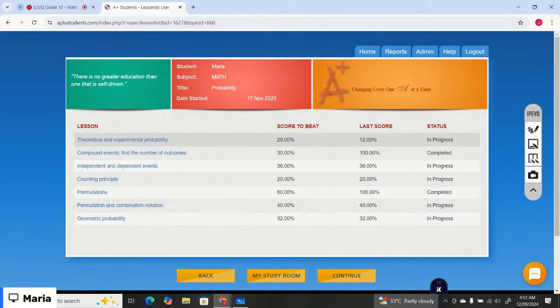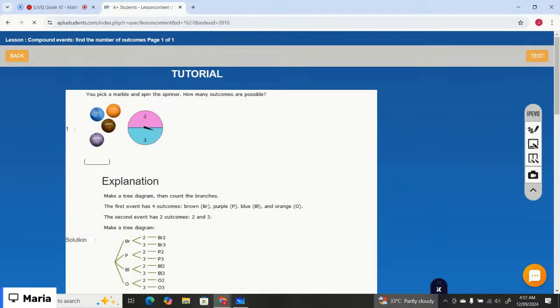The next lesson is compound events find the number of outcomes. Let's just start with the lesson. Compound event means you have more than one event, right?